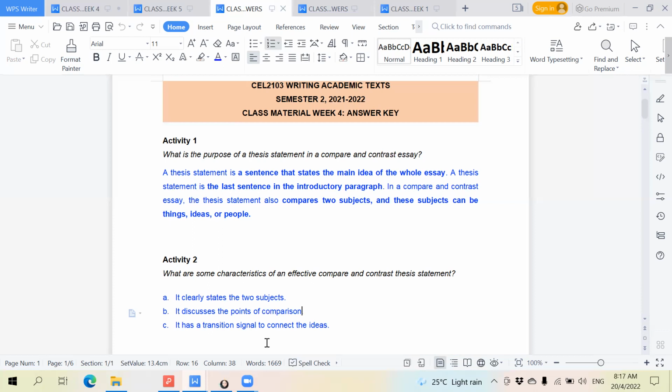Okay, idea yang berlawanan, ideas that are opposite to one another, and that is the function of those transition signals. So that's why you have to know what kind of transition signals you should use in a certain context or situation.